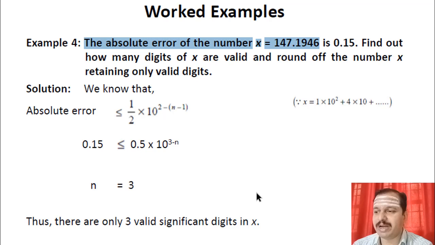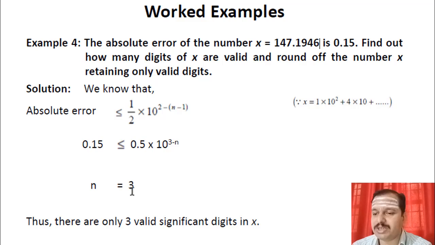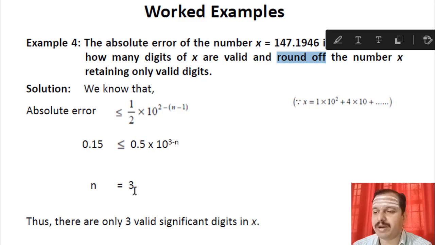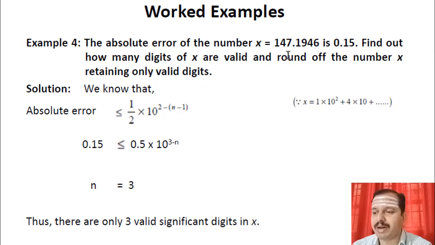How many valid significant digits are there? There are 3 valid significant digits we have seen, and by retaining 3 valid significant digits, we have to round off the given number.